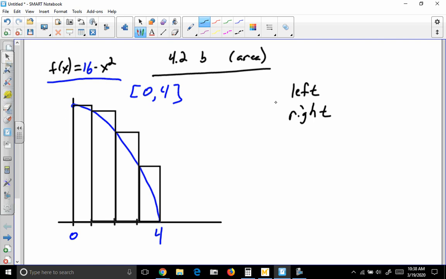So this one is a left-hand sum. The x values are 0, 1, 2, 3, and we can get each y value by plugging these numbers into our function.